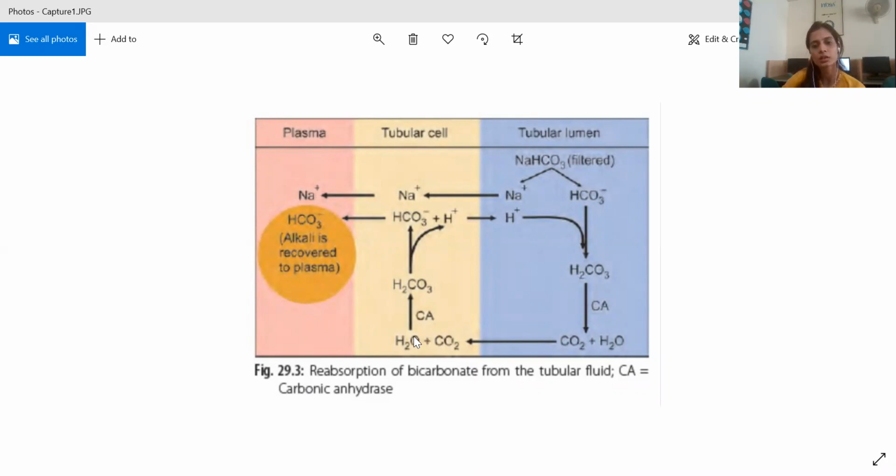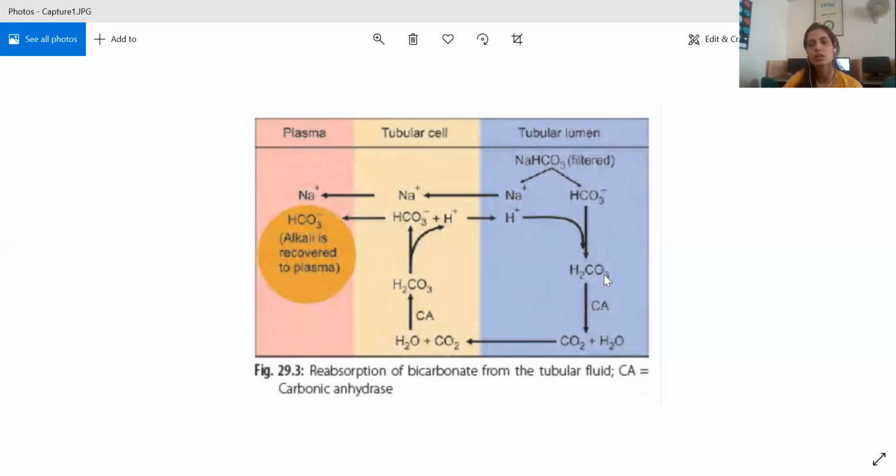Now for the reabsorption of bicarbonate, H2O plus CO2 will give H2CO3 in the presence of carbonic anhydrase. And this H2CO3 will break into HCO3- and a hydrogen ion. So this HCO3- is going into plasma, and the hydrogen ions are going into your tubular lumen, right?